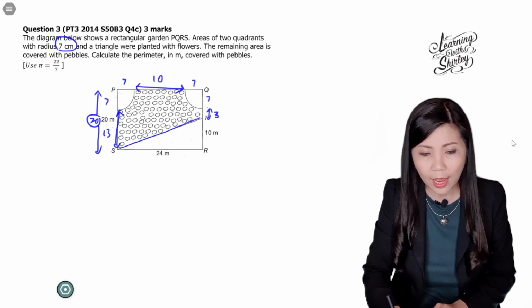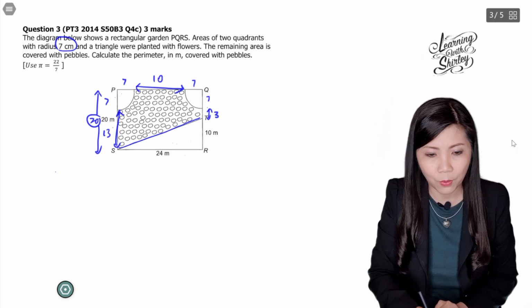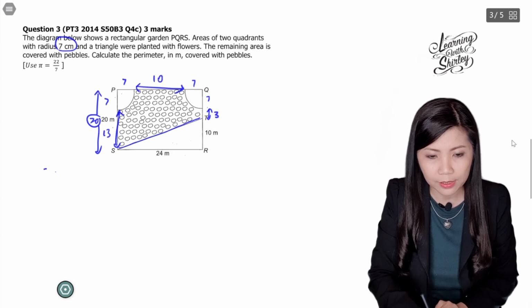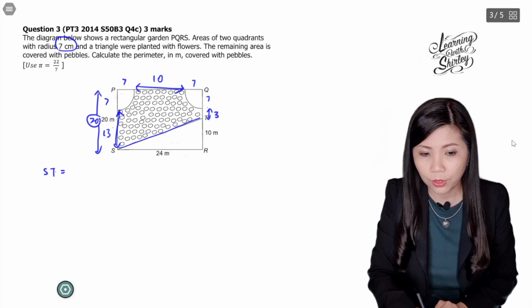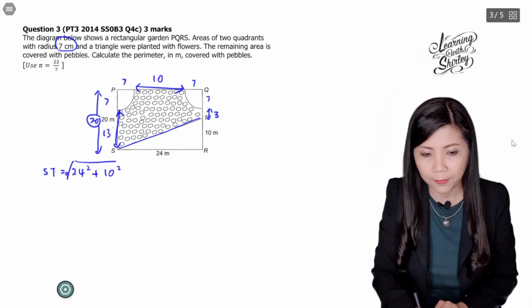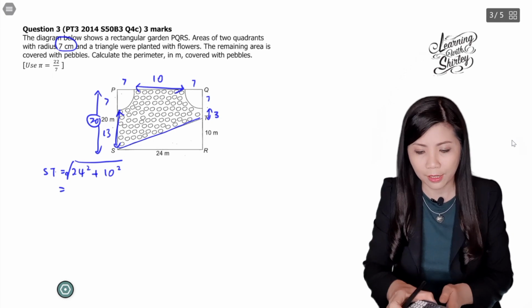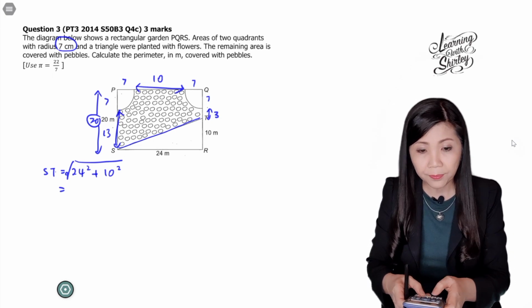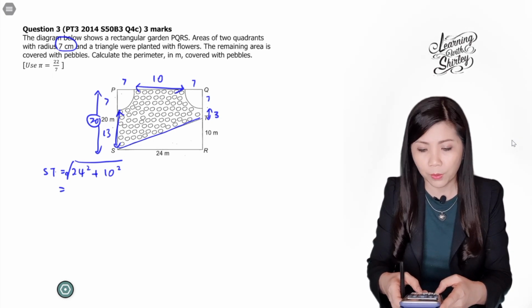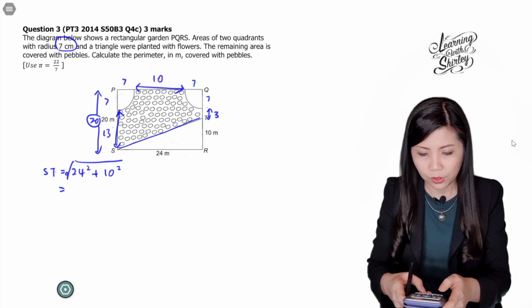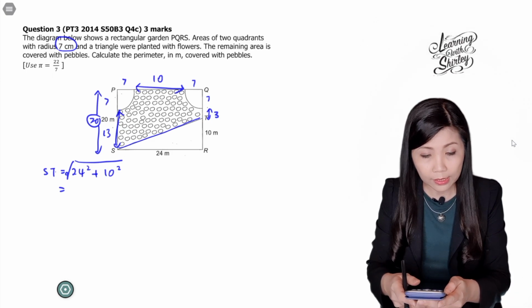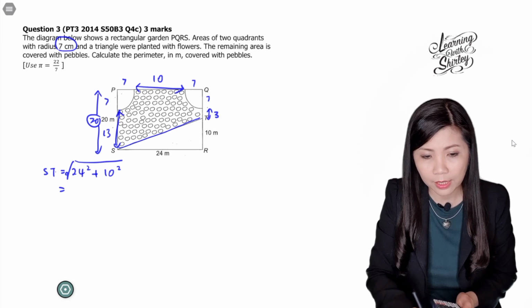ST is equal to the square root of 24 squared plus 10 squared. Let's calculate this: 24 squared plus 10 squared is 100, and we square root it, we'll get 26. So it's 26 meters.